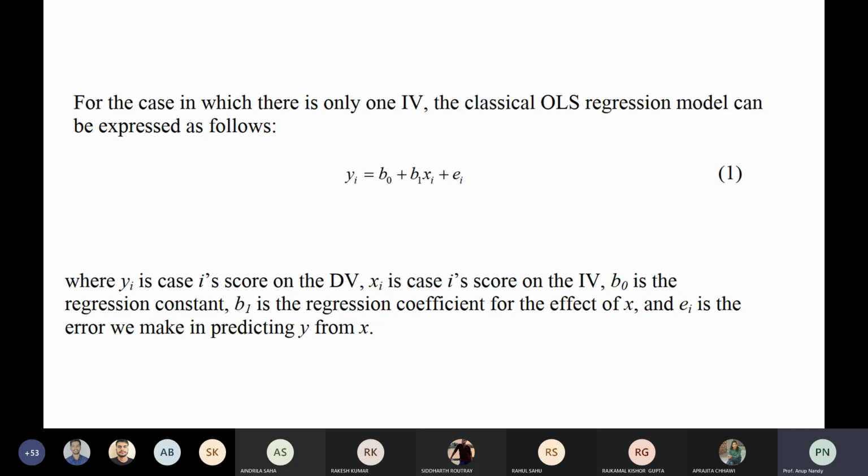You have two unknown parameters that you need to find out. One is b0, the regression constant, and b1 is called the regression coefficient for the effect of X. And ei is the error we make when you are going to predict Y from X.